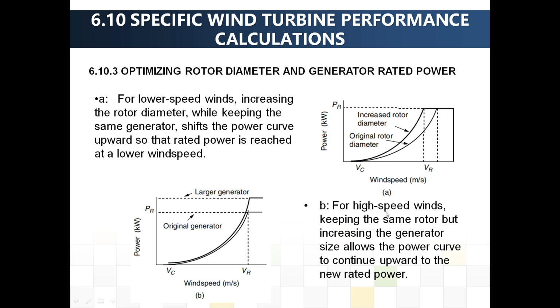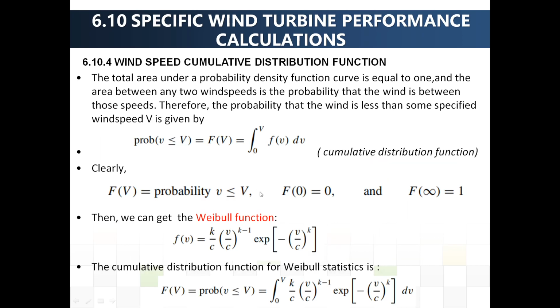For high-speed wind, keeping the same rotor but increasing the generator size allows the power curve to continue upward to the new rated power.